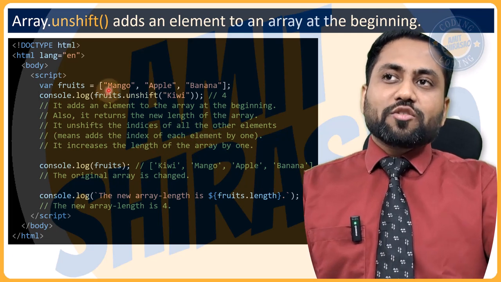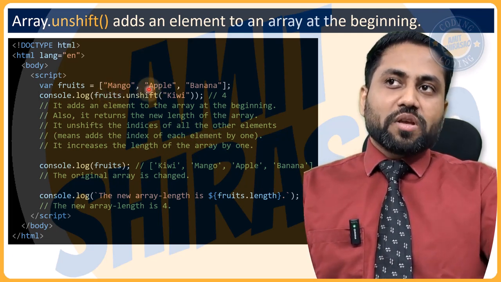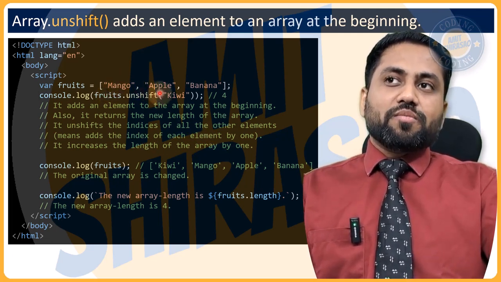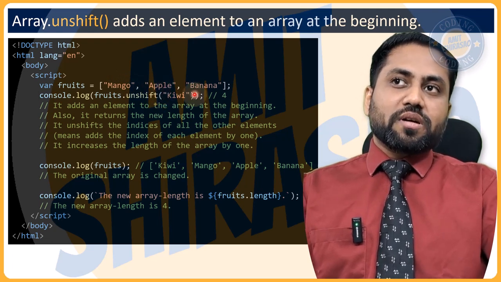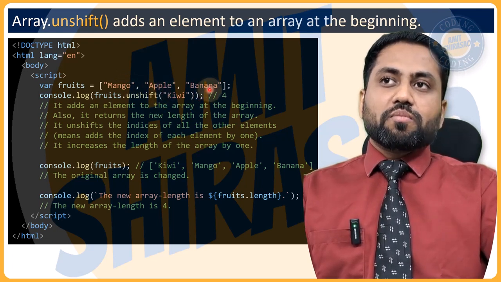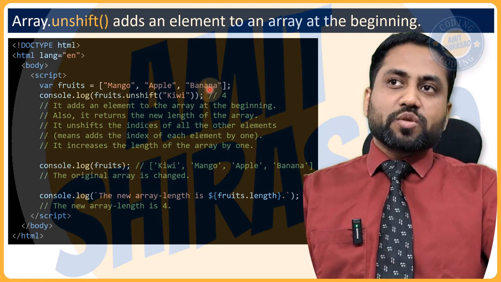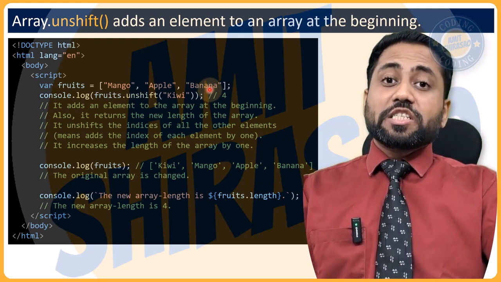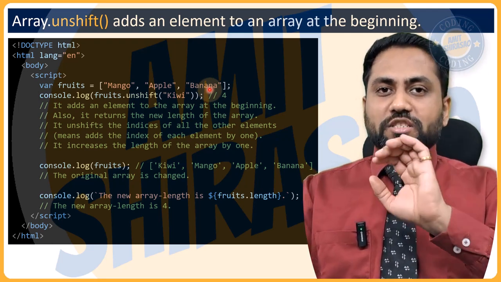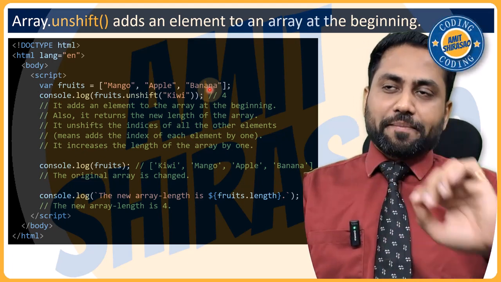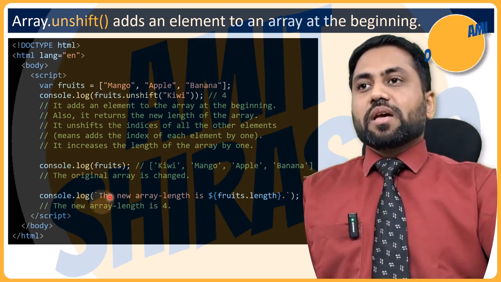So the index of mango becomes from 0 to 1. Index of apple becomes from 1 to 2. Index of banana becomes from 2 to 3. Got it? So this is called unshifting of the indices. Unshifting means moving them, pushing them ahead. That is called unshifting.